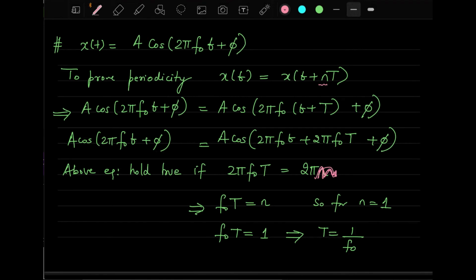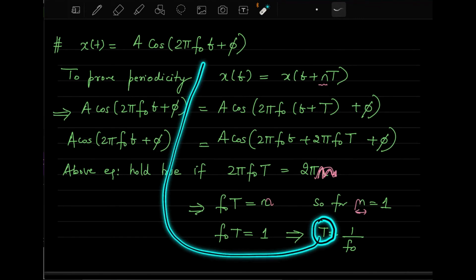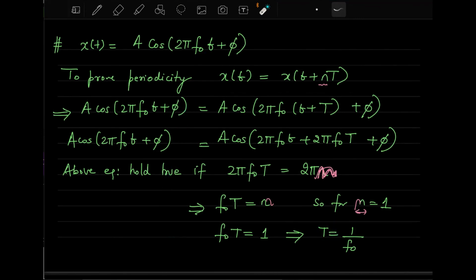Now as you can see here, for m equal to 1, you can reduce this to f0 t equal to 1. Now, coming to the definition of the time period T for this particular signal, the time period T is inversely related to the frequency, that is T equal to 1 by f0.